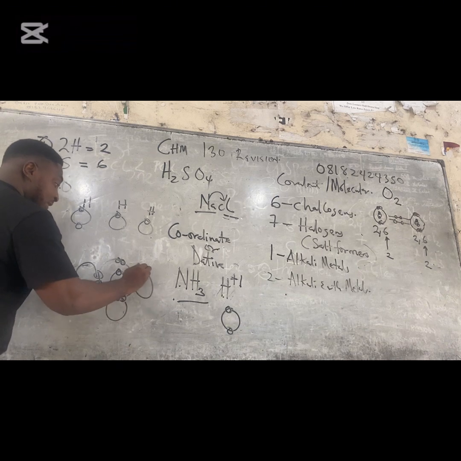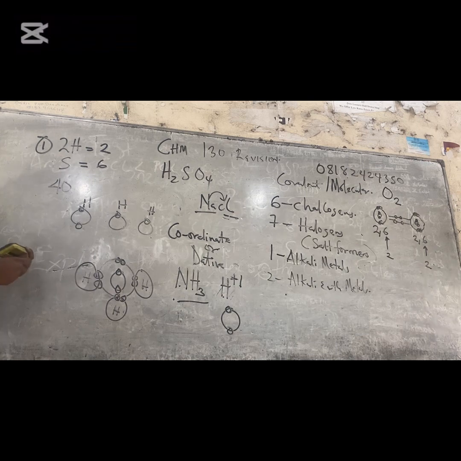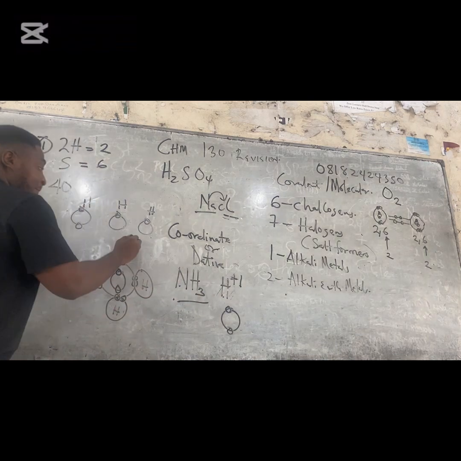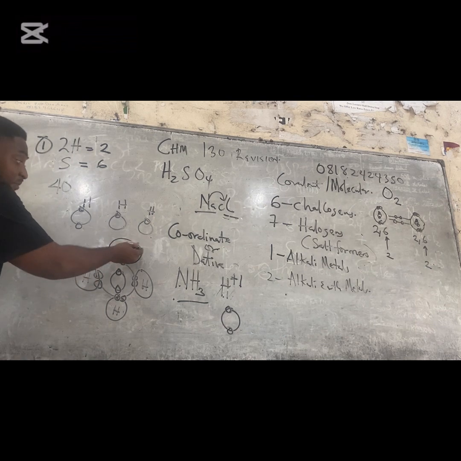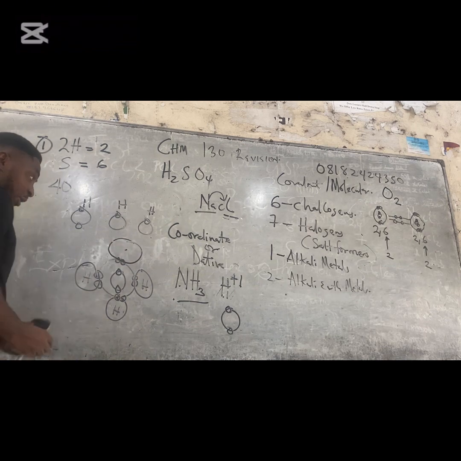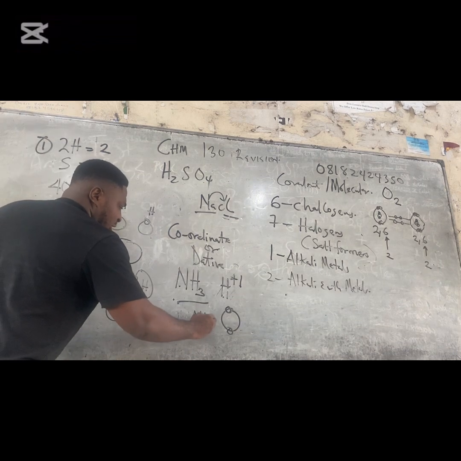But this other hydrogen is not bringing anything; it's coming to collect 2 electrons. And you say dative bonding. And we have NH4 plus. When NH3 reacts with H plus, we have NH4 plus.